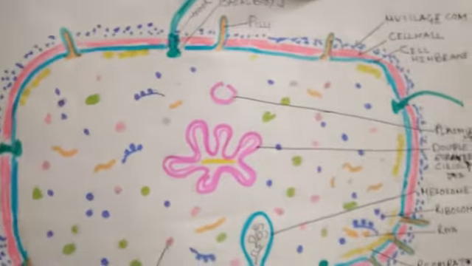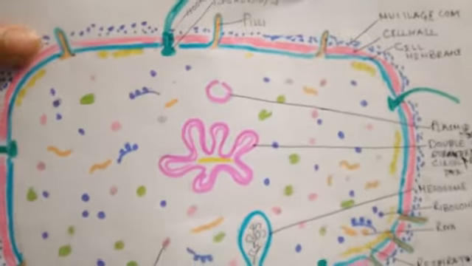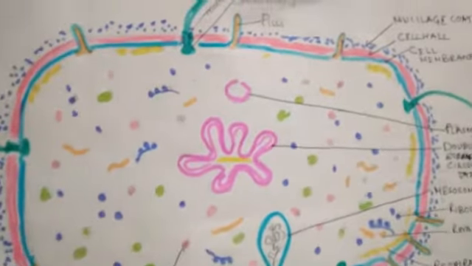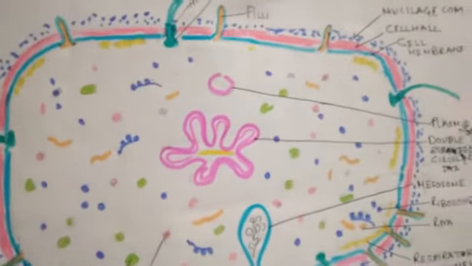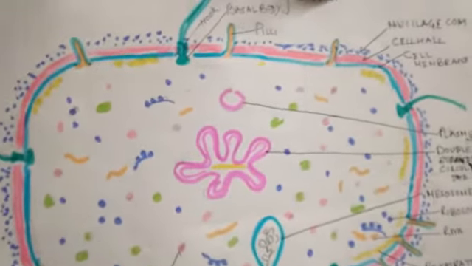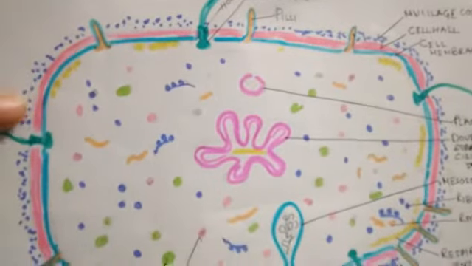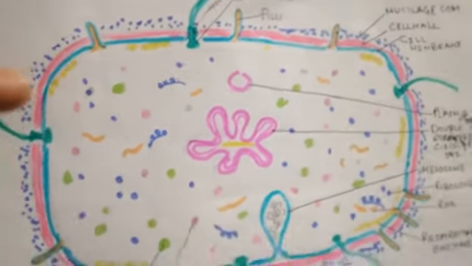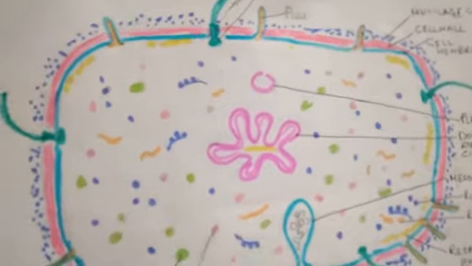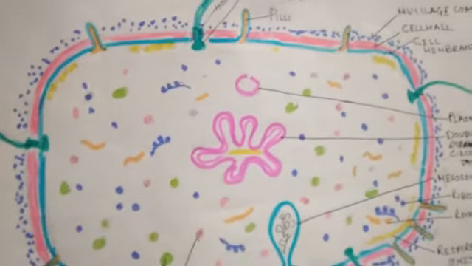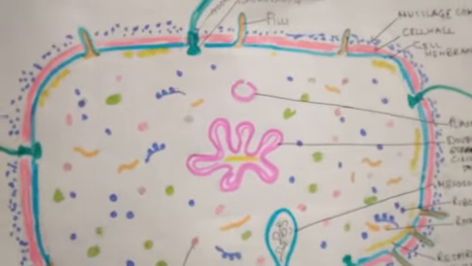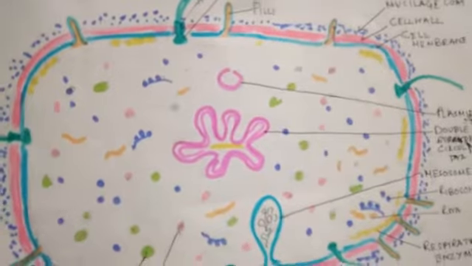But if it is a very loose sheet, then it is called a slime layer. So the envelope can be of two types: if it is a very loose sheet-like structure, it is called a slime layer, or if it has a sticky, gummy appearance, then it is called a capsule.